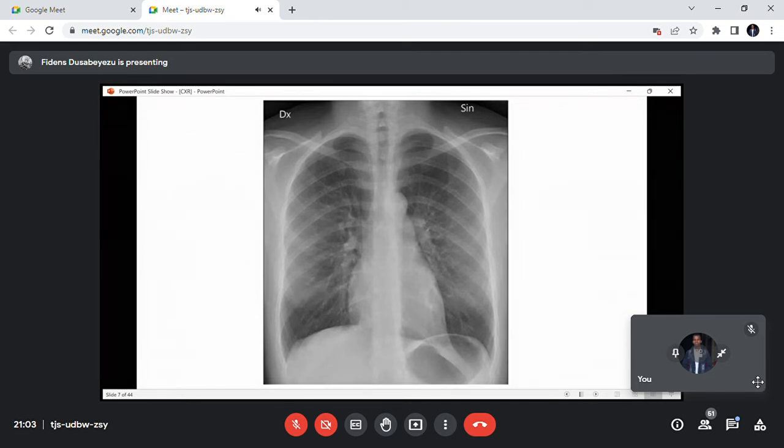There is the great vessels. Yes, great vessels. Which ones? Yeah, there can be the ascending aorta. There you go. There is the trachea. Here you go. There is the heart. Here you go.